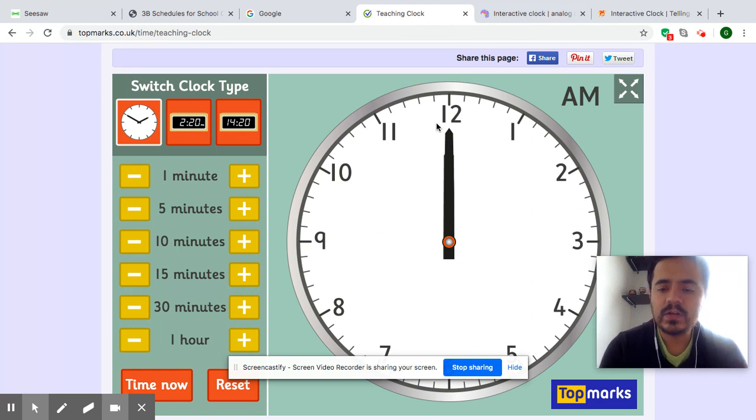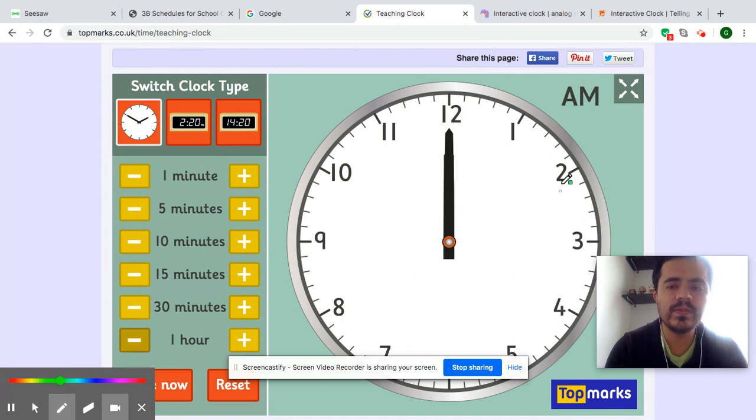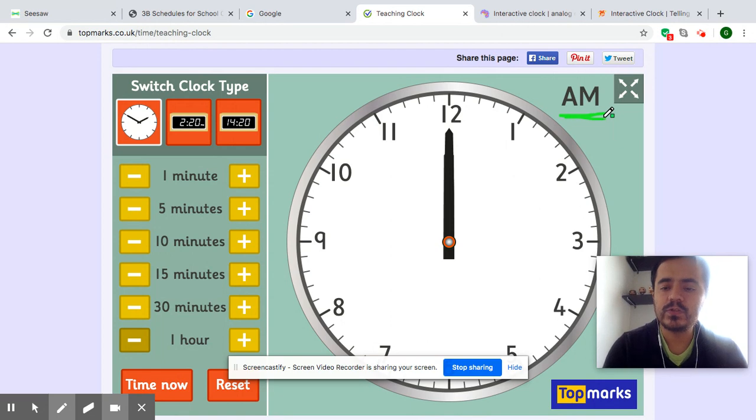So a day is going to start when both hands are pointing at the 12. And a day is always going to start with AM. So 12 o'clock AM is when we start our day.